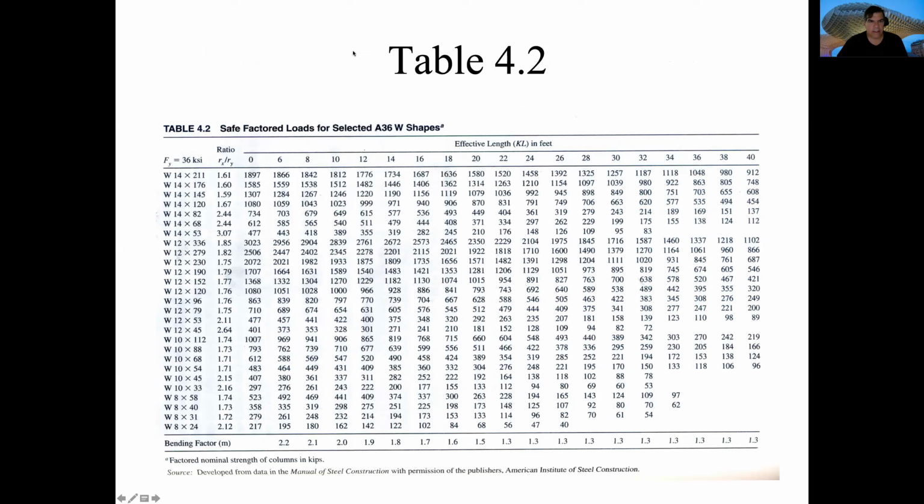We have the different types of columns. Well, in this case, we have a W. A W is this one, with a denomination that is W, the type of beam that is similar to an I-beam, like more square. 14, that is how high this element is.